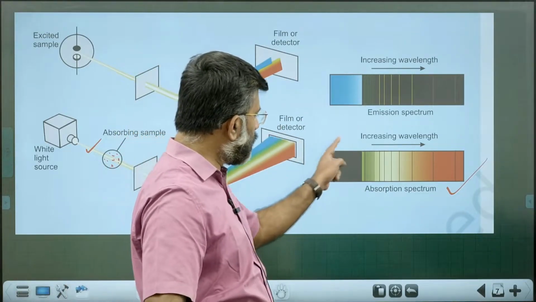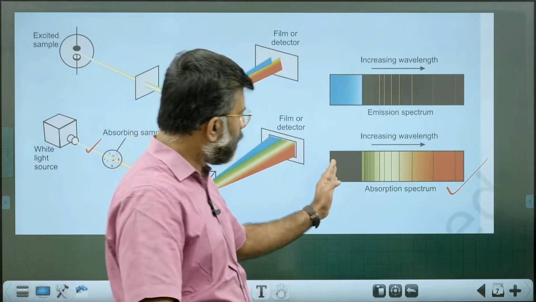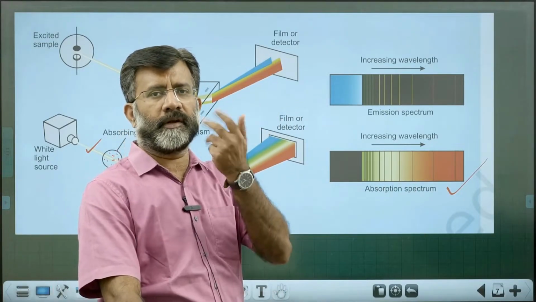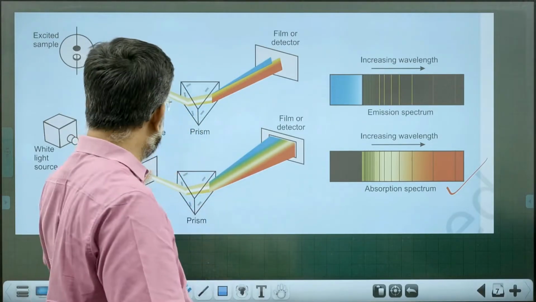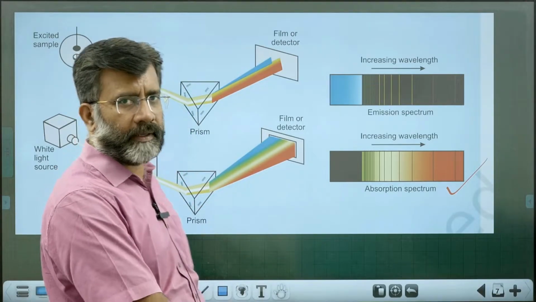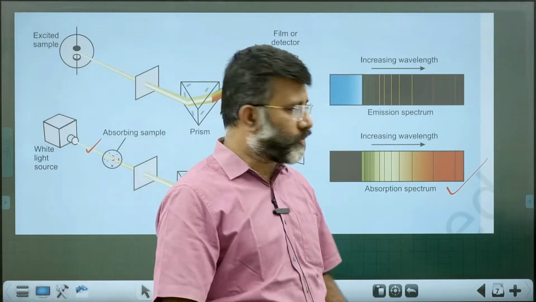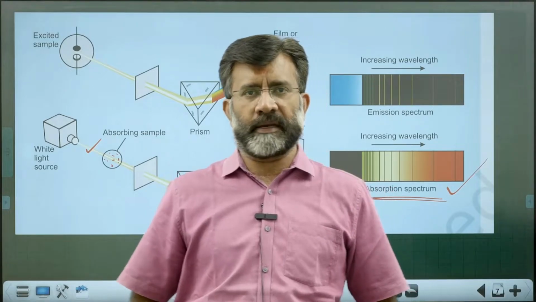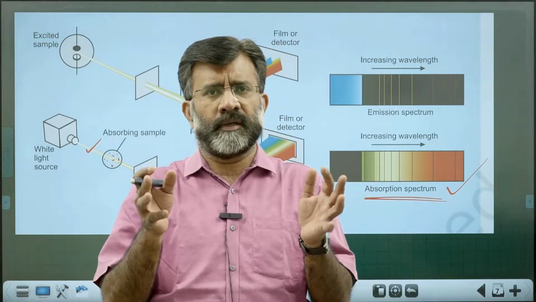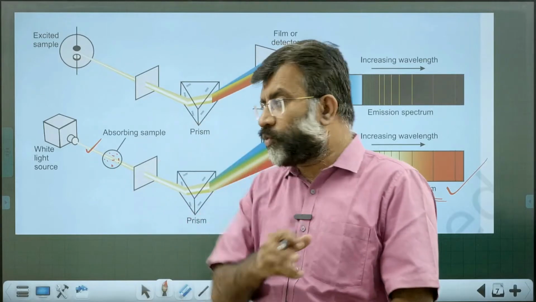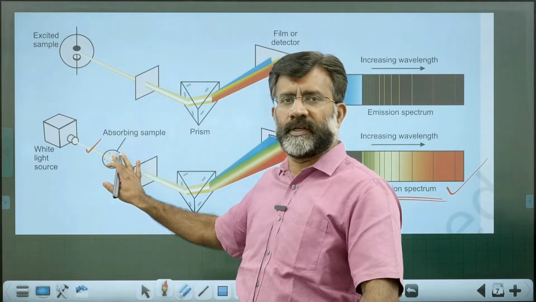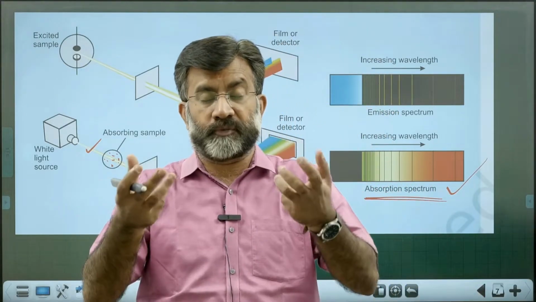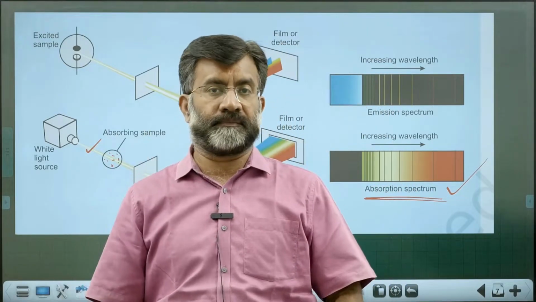You see the blue color is entirely missing, and you can find many dark lines. Where did it go? It is absorbed by this sample of matter, and the spectrum obtained is called the absorption spectrum. From white light, all radiations which are equal to the energy needed to excite the electrons here are absorbed. The atom absorbing radiation gets excited.